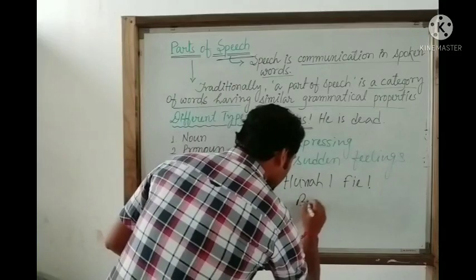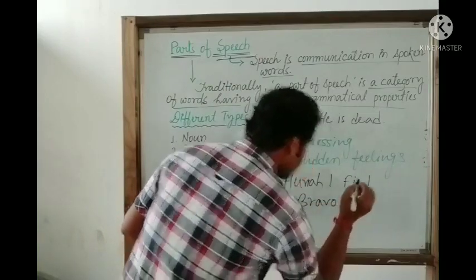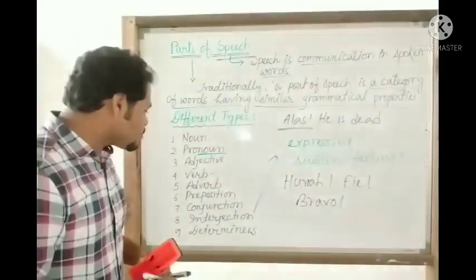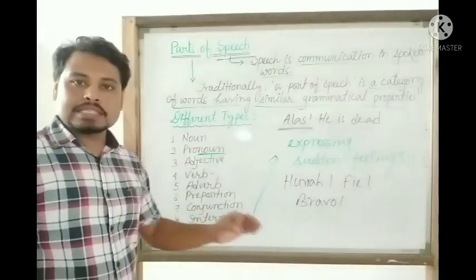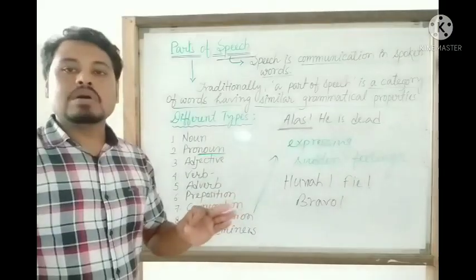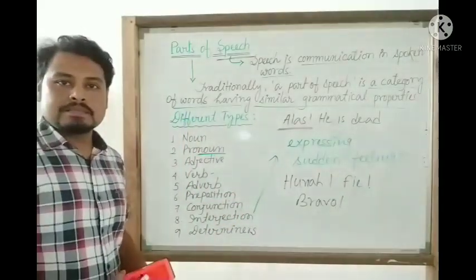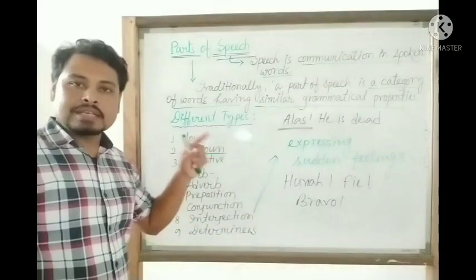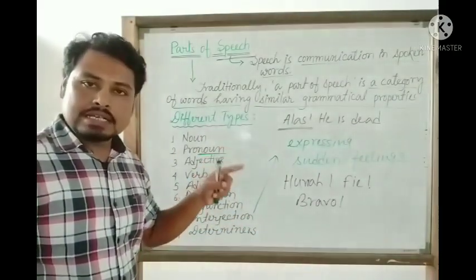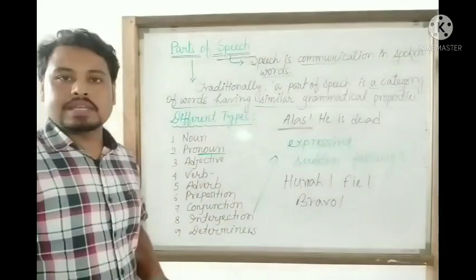Then bravo. All these words are interjections because all these words express our sudden emotion and sudden feeling. So an interjection is a part of speech that is used to express a sudden emotion or a sudden feeling.